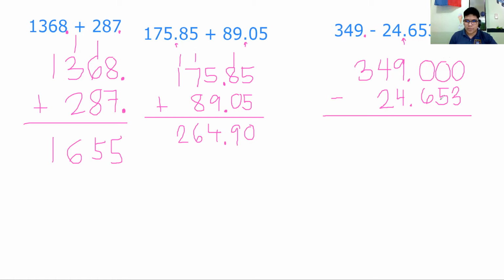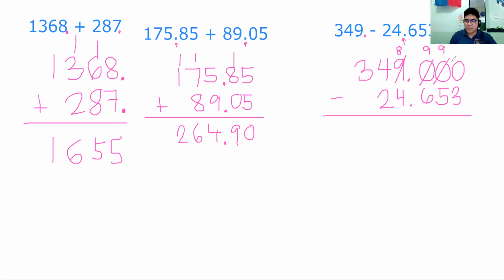So let's try to subtract that. Now we cannot subtract 3 from 0 because 0 has no value. So we're going to borrow from this, but it has no value. So we have to borrow from that. That also has no value. So we'll borrow from 9, that will become 8. This will become 10, but since we're going to borrow anyway, we're going to write 9. And this is also 10, but we're going to borrow from that, so that's 9.